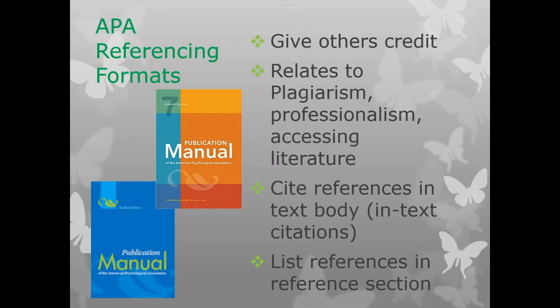This will tell you how to cite references both in the text, whether it's in parenthetical information or in the sentences. It tells you how to put your references in the proper format and order in the reference section. It gives all sorts of information on how to write your scientific work professionally in the field of psychology.